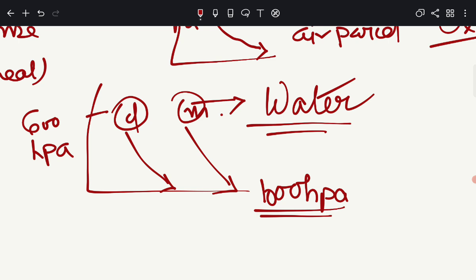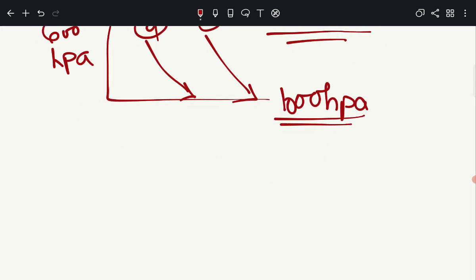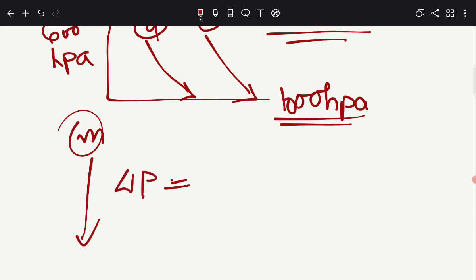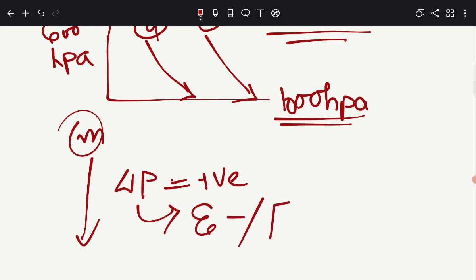As it goes down, just talking about the moist air parcel, what will happen? This becomes positive. If this becomes positive, it will impact the temperature, and in high pressure, in terms of energy, in terms of temperature, it will increase, right?